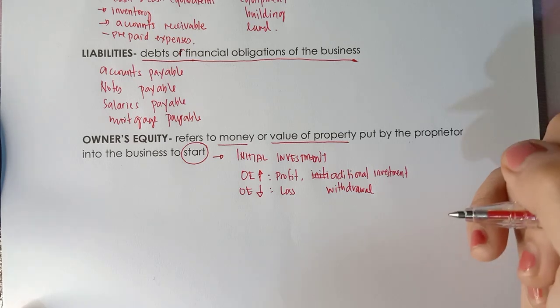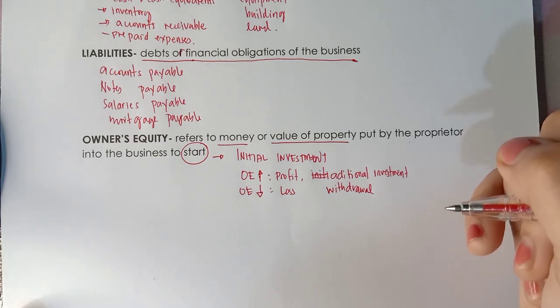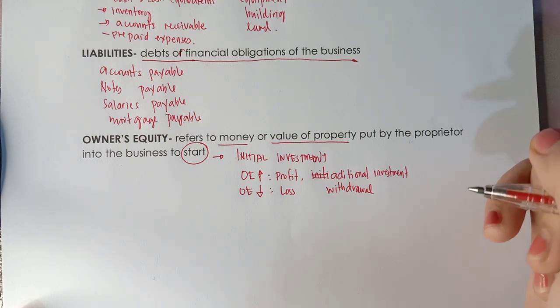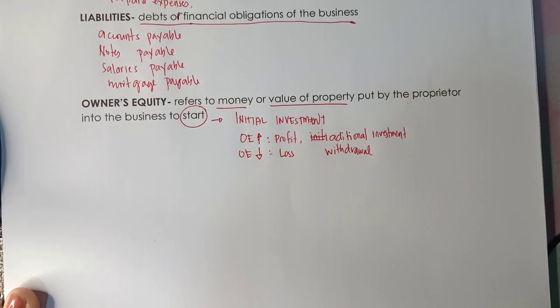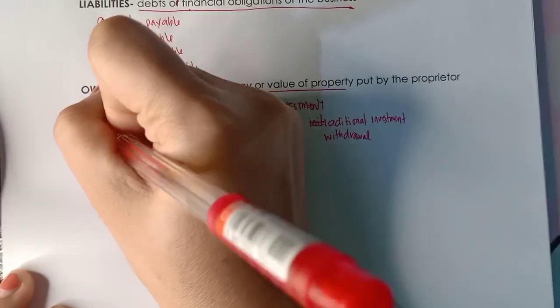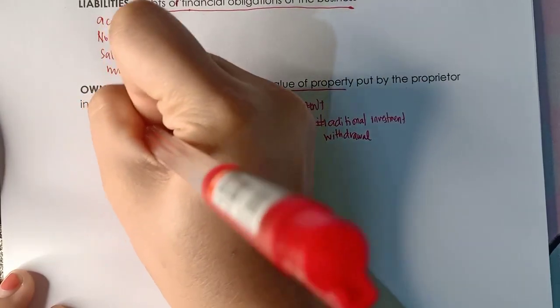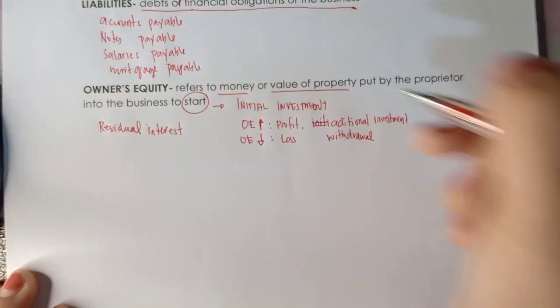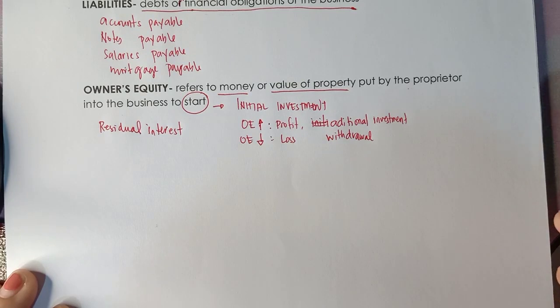Okay. So most often, owner's equity is also considered the residual interest in the assets after deducting all the liabilities.